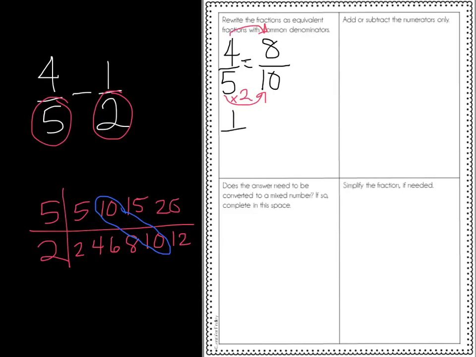Now I need to do the same thing with the fraction 1/2. My goal is to create an equivalent fraction with a denominator of 10. What do I need to do to the denominator of 2 to make it a 10? I must multiply it by 5.